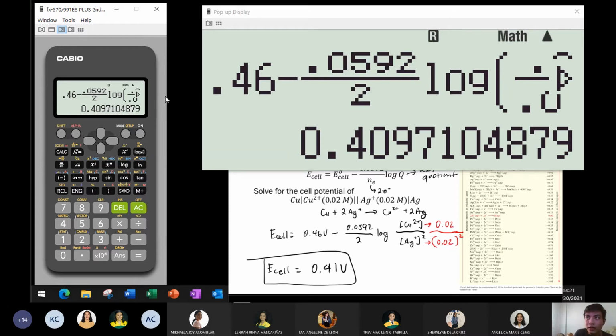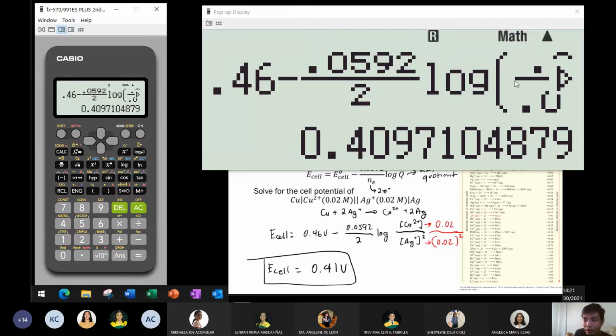So, ano nangyari? When you change the concentration, the voltage changes. Okay? Ito yung logic ng pH meter, pati ng glucose meter. Pag nagbago yung voltage, nagbago yung concentration. Papansin nyo yan. So, pag nagbago yung voltage mo, malamang nagbago yung concentration.